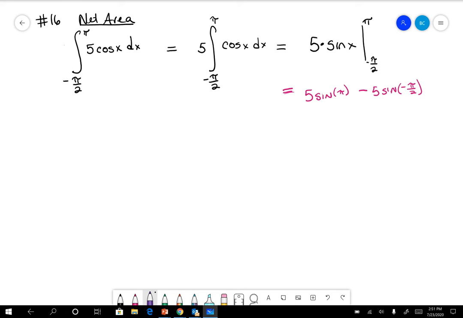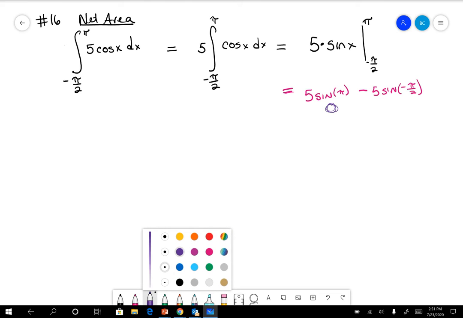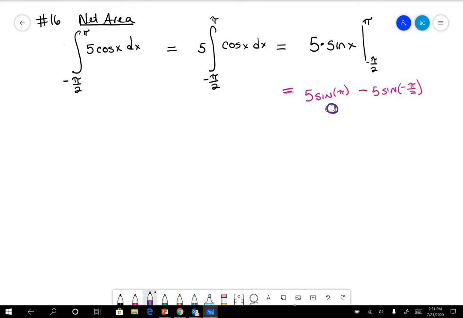Sine of pi is 0. So that's just 0. And then sine of negative pi over 2 is negative 1 times negative 5. So that's going to be 0 minus 5, which is negative.